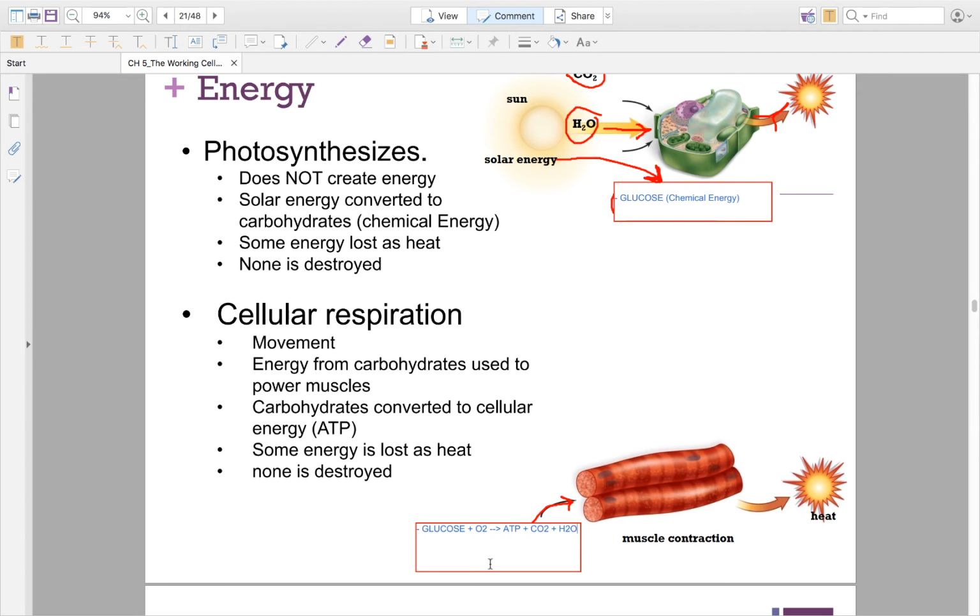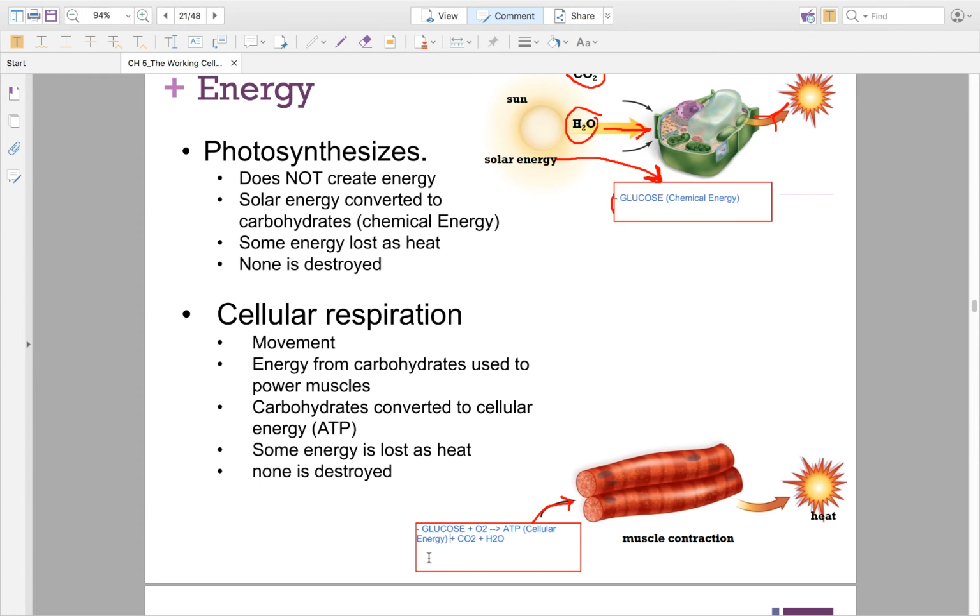All right, now this ATP is cellular energy. And that's the other energy transfer. So energy is not created or destroyed. It goes from solar to chemical to cellular. That's not the pathway every time, but that's the pathway for us.